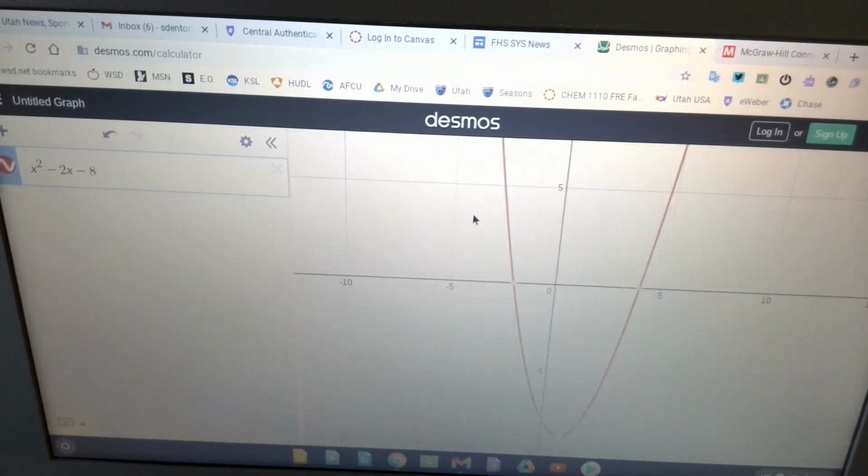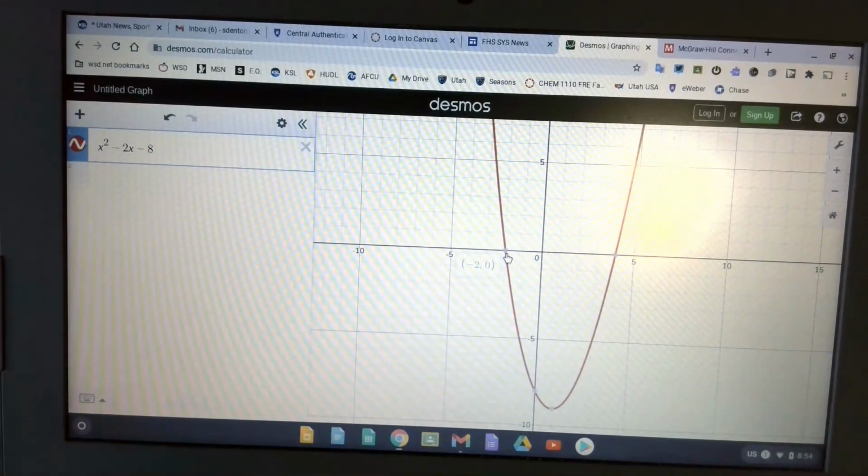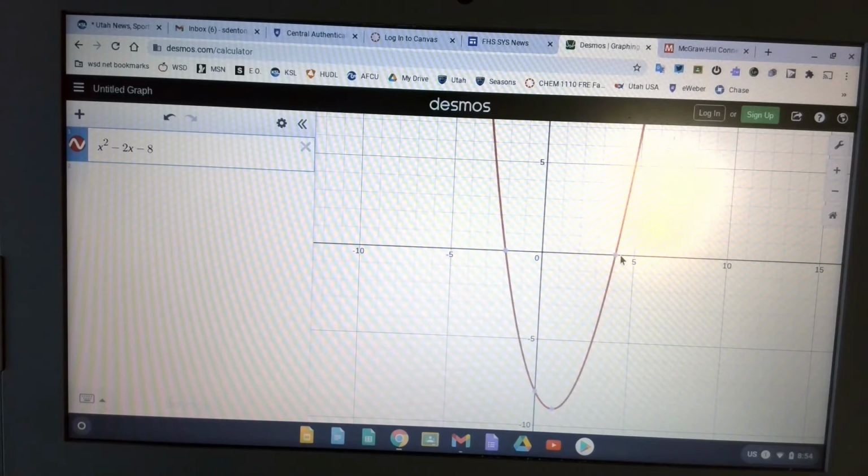Well, if I look here, I've got that point's negative 2 and 0. You guys see how it tells me that? Then I come over here. This point is 4 and 0. We had that point as well, right? Okay, come down here.